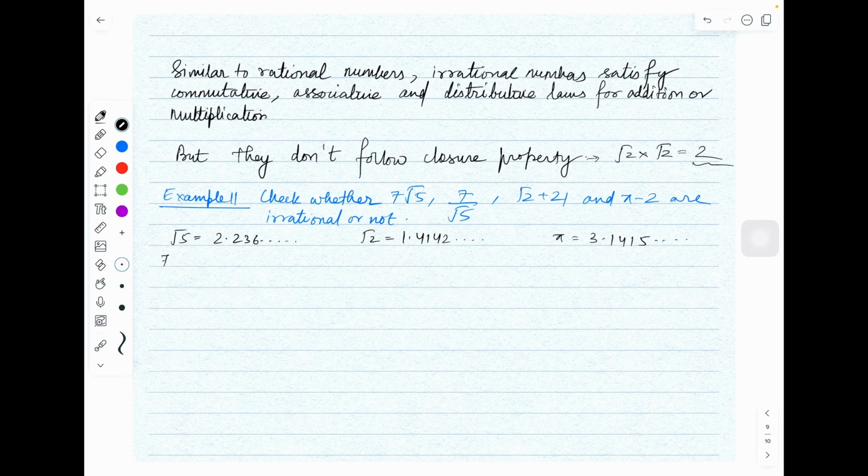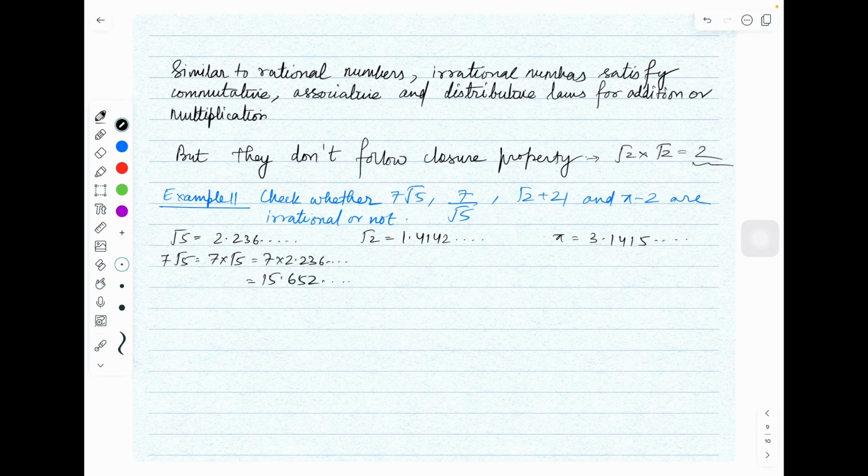Now 7 root 5 is actually 7 into root 5, that is 7 into 2.236 and it continues. The value we are getting is 15.652 and something.